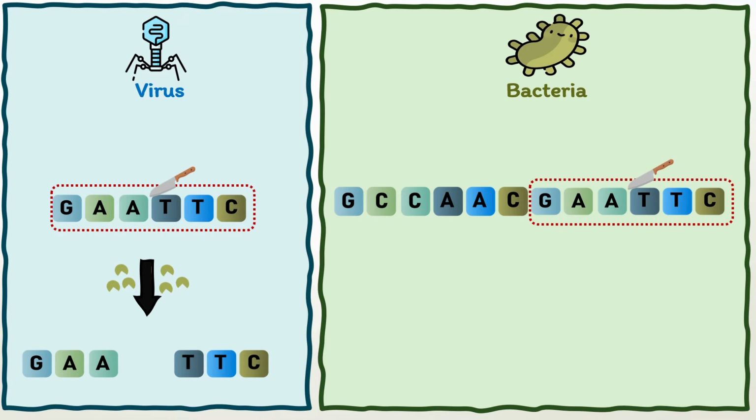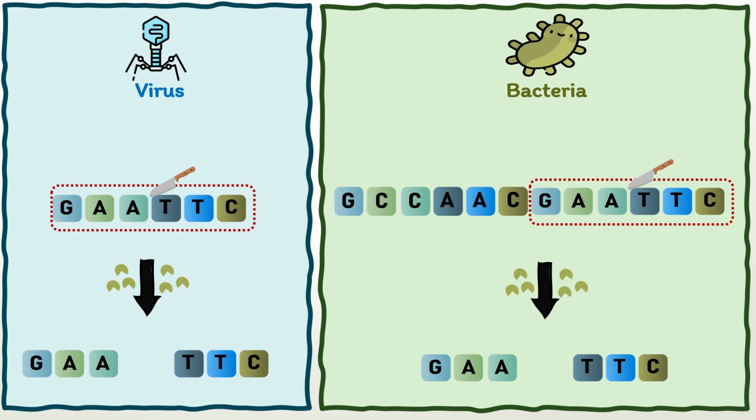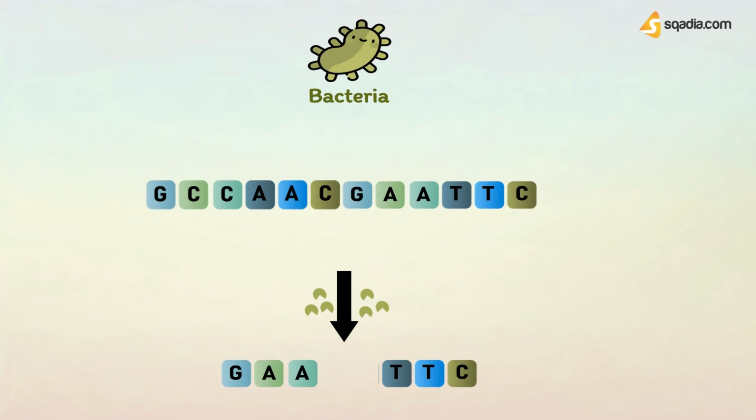It may be possible that this restriction enzyme may bind the sequence of the DNA of bacteria and cleave its own sequence, but this cannot be tolerated by the bacteria, and it can be considered a suicidal approach. So, there is a need for modification, called restriction modification.